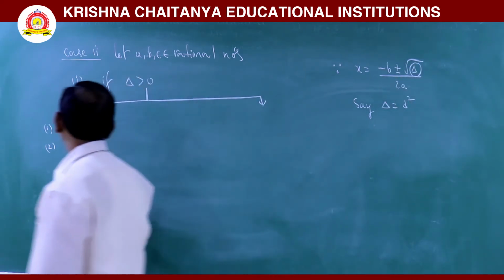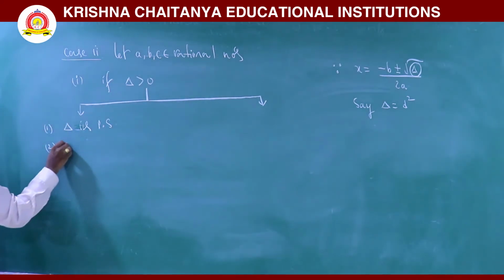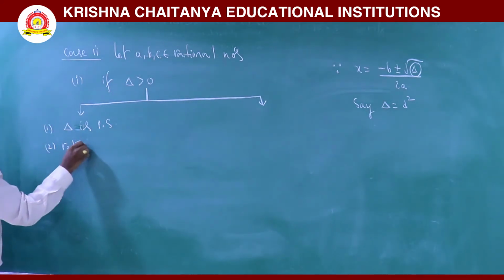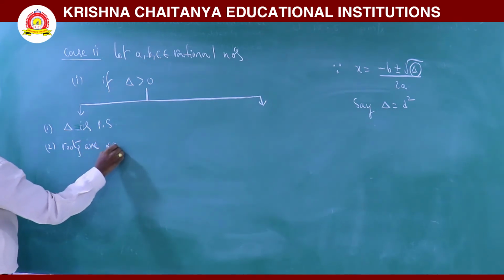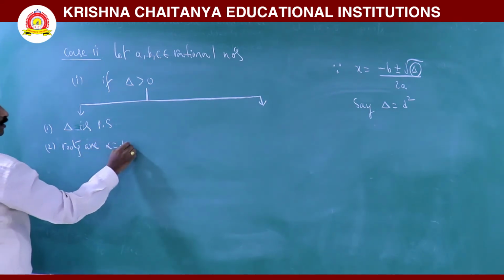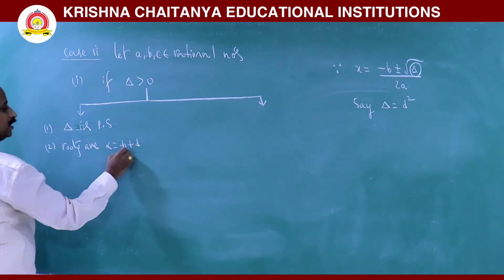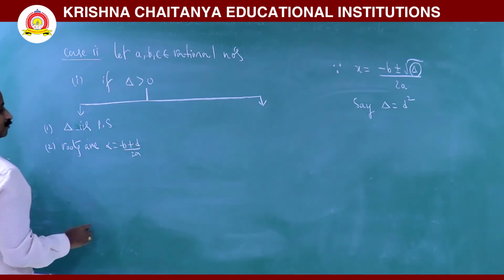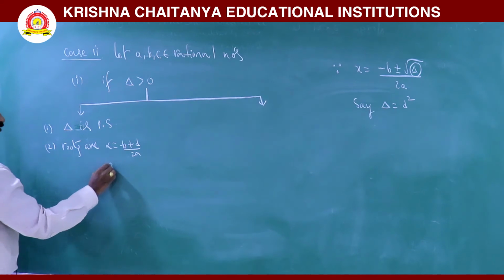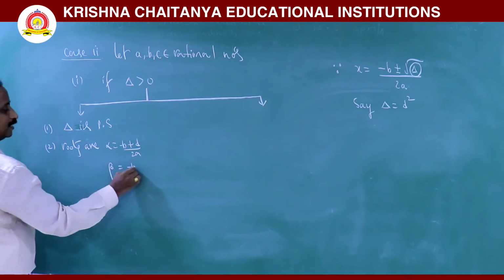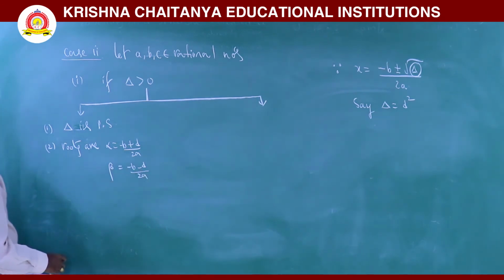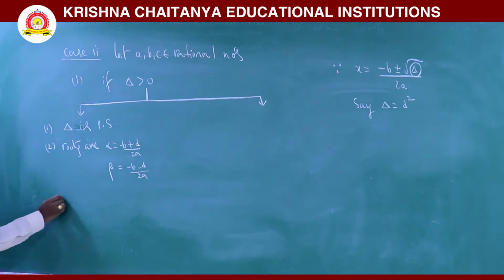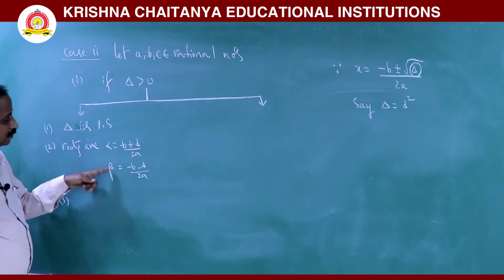Now the roots are alpha is equal to minus b plus d divided by 2a, and beta is equal to minus b minus d divided by 2a. These are the roots. After we know the roots, what is the nature of the roots?